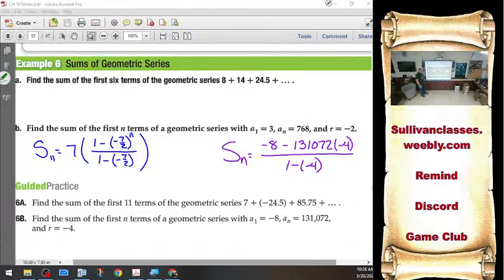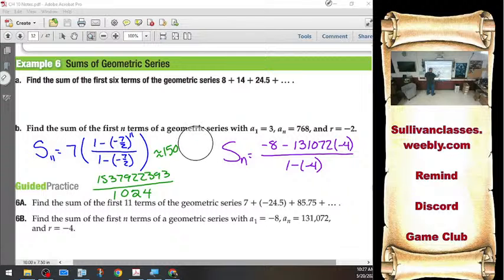First one, what do we got for a sum? 1,537,922,393 over 1,024. That is not what I got. Oh, maybe as a fraction, but as a whole number, I got 150,1877.337. Yes, that's what it is.